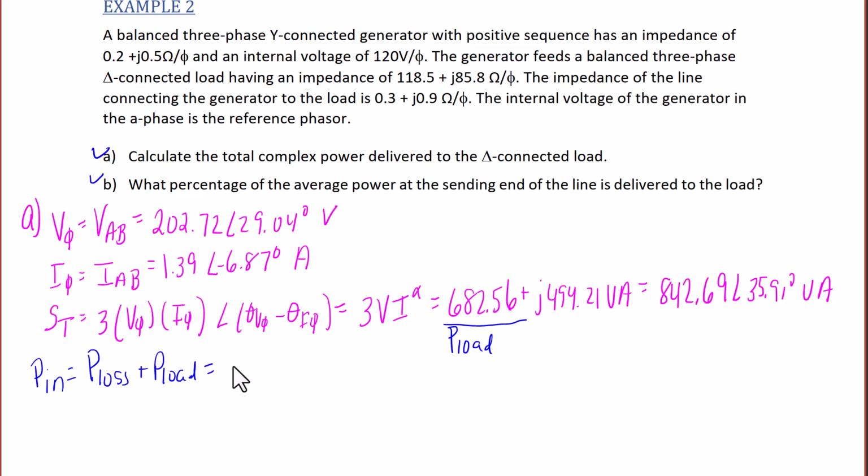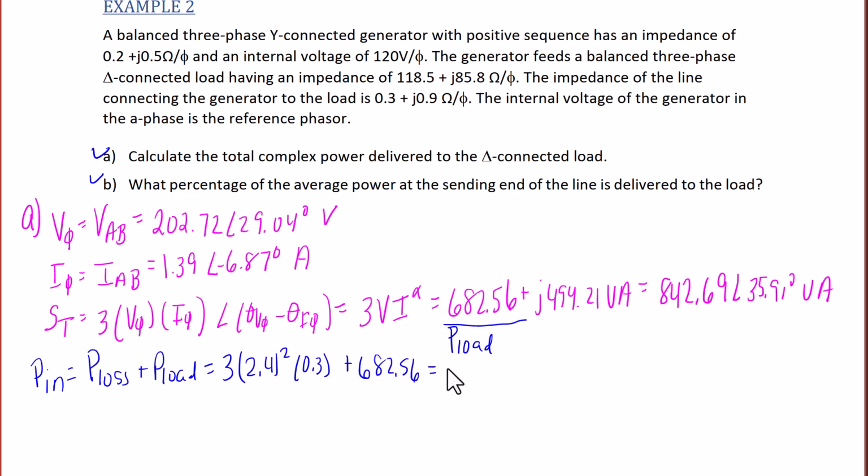And to find P loss, that would be 3 times the line current magnitude, which is 2.4 squared, times the resistance in the line, which is 0.3, plus 682.56.